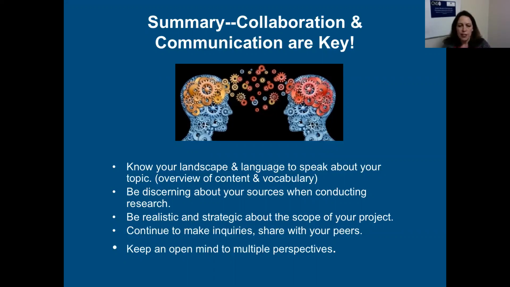Sharing, looking at multiple perspectives on your topic, continuing to make inquiries together, being realistic about the scope of your project, and of course having a lot of collaboration, communication, and enrichment. This is a process about going deeply into a critical issue and figuring out solutions.